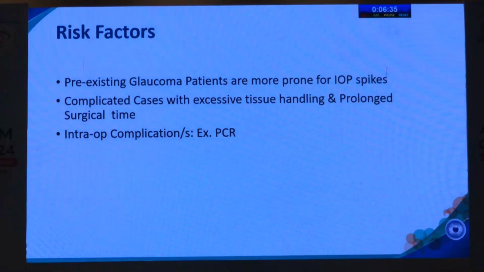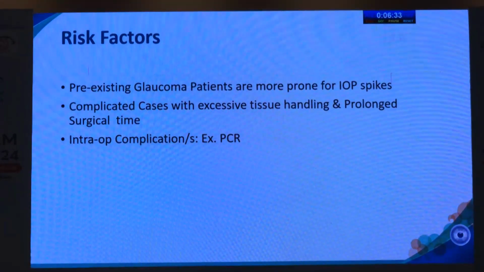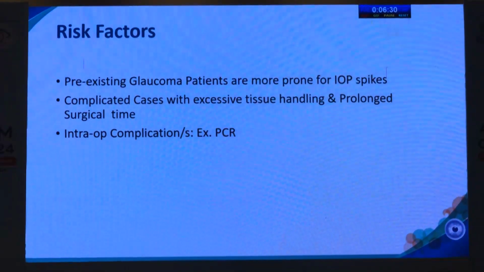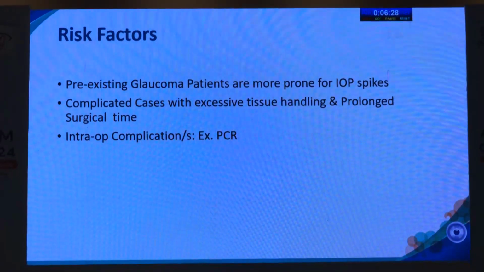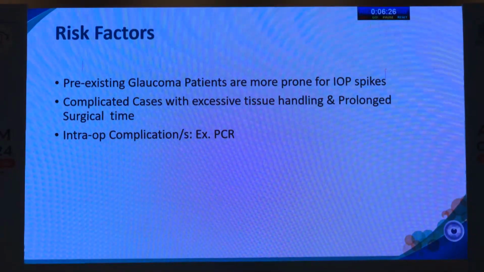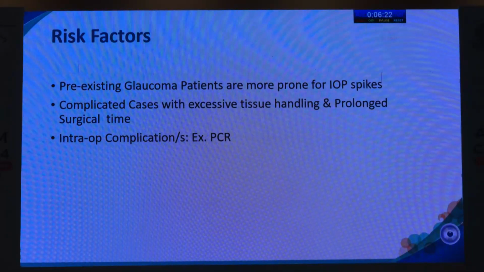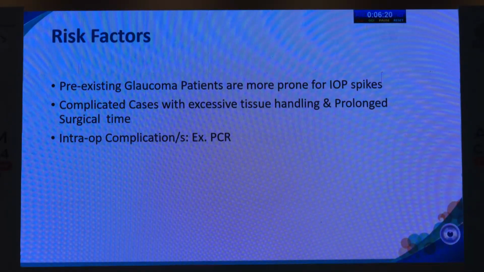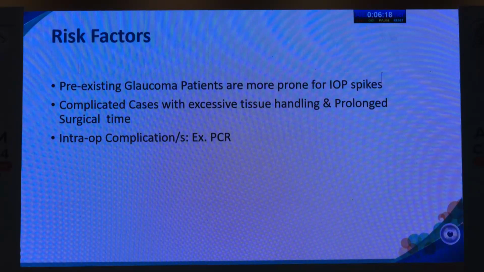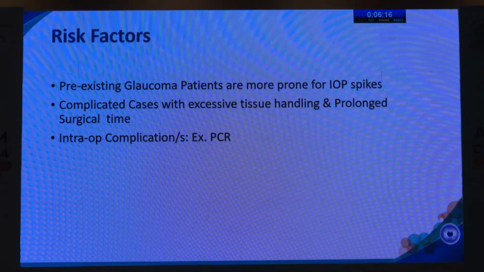Pre-existing glaucoma patients are more prone to IOP spikes. Complicated cases with excessive tissue handling and prolonged surgical time can be reasons for post-op ocular hypertension, and also intra-op complications like PCR. These are relative risk factors.